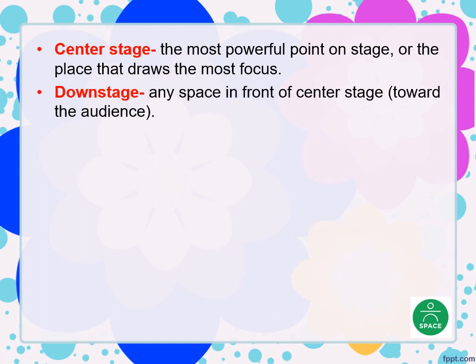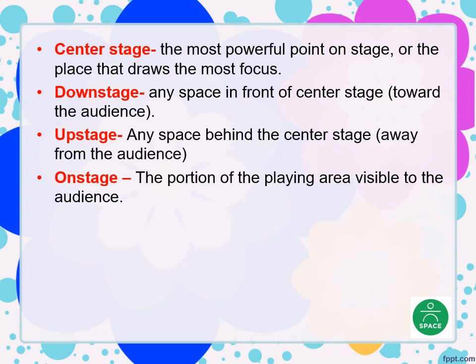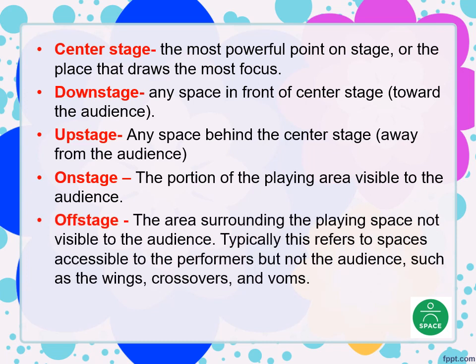Any space in front of the center stage or towards the audience. Upstage. Any space behind the center stage or away from the audience. Onstage. The portion of the playing area visible to the audience. Offstage. The area surrounding the playing area not visible to the audience.